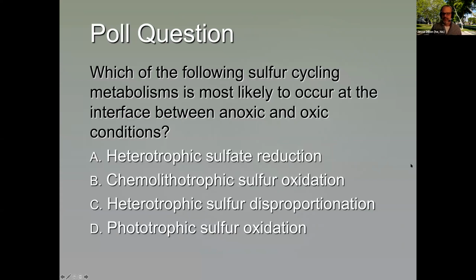Based on what I showed you a few slides ago, what would be the best answer? What is it that is going to occur right where you see that interaction of both the anaerobic and the aerobic conditions?